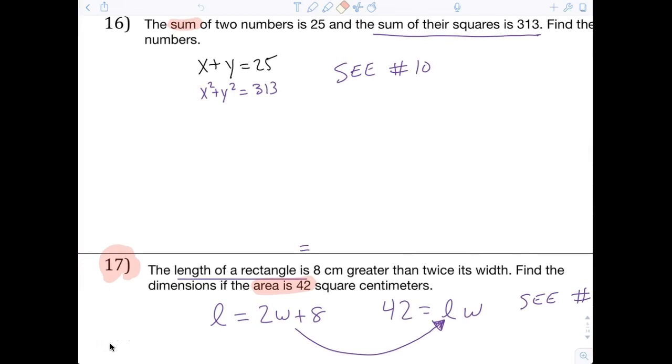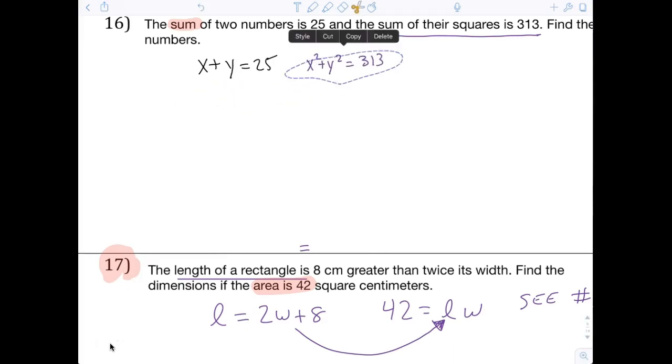The reason why I said see number 10 is because it's done exactly the same as number 10. If you were looking, you should have been able to say that it told me to solve for y. So y is equal to 25 minus x. Anybody have any issues with that? Now, what do I do with the 25 minus x? I put it in for y.